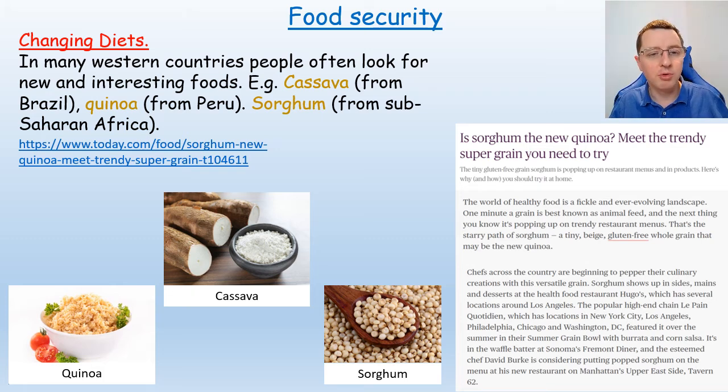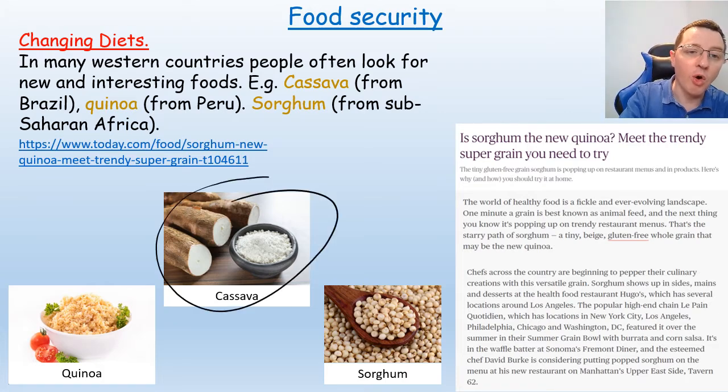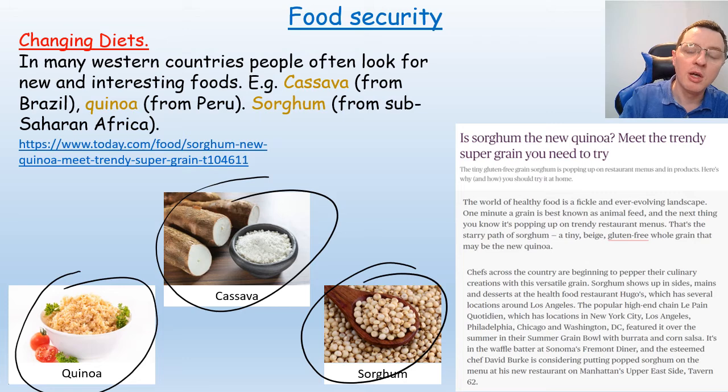For example, some of these new trendy foods are things like cassava from Brazil, or quinoa, which comes largely from Peru, or sorghum, which comes from sub-Saharan Africa. These are crops that are very good at being grown in the hot tropical regions, but not very good at being grown in the more temperate regions of the planet.